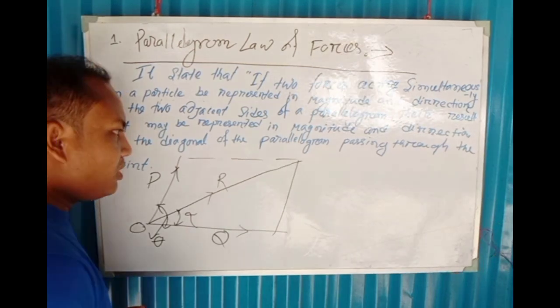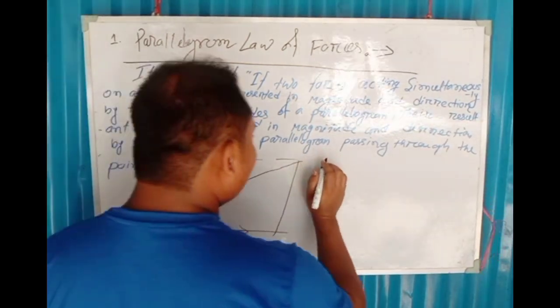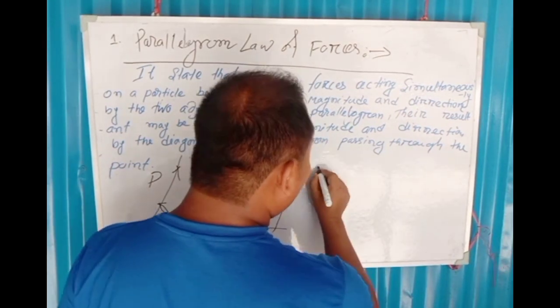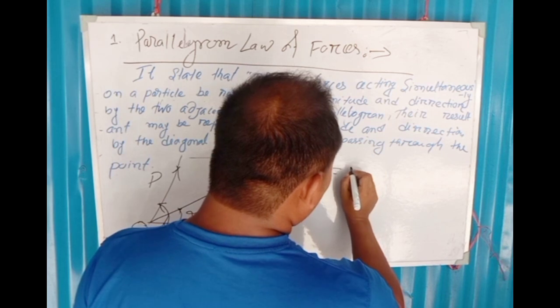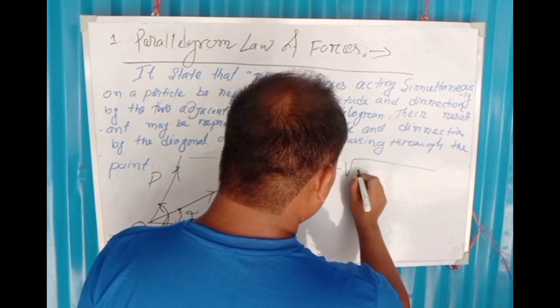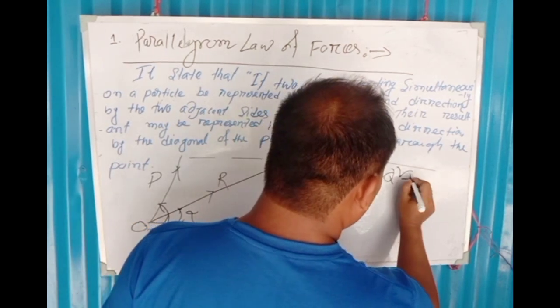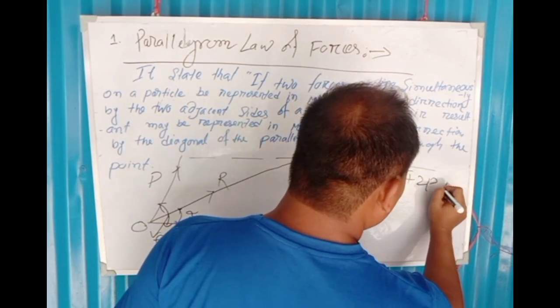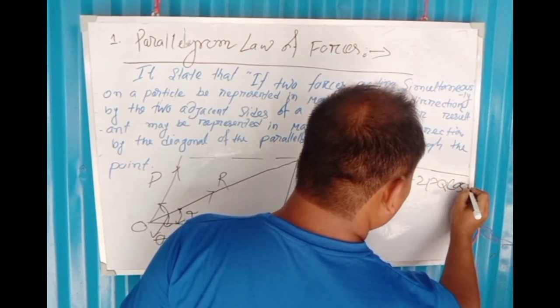So we can find it through this formula, which is very important. R means the resultant force. R is the square root of P square plus Q square plus 2PQ cos theta.